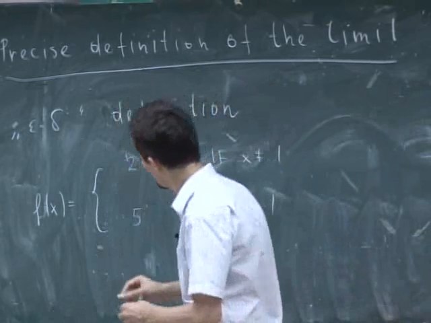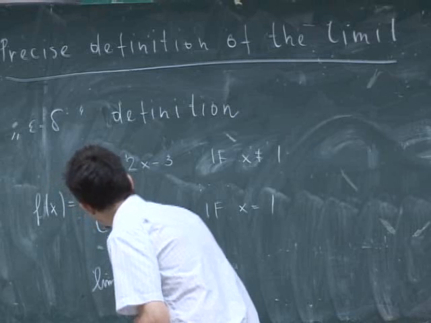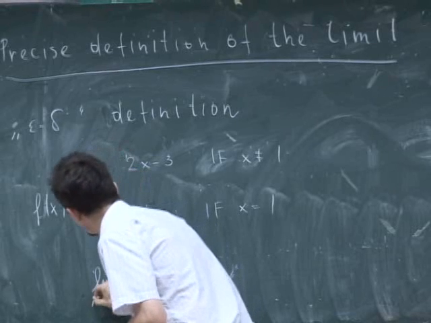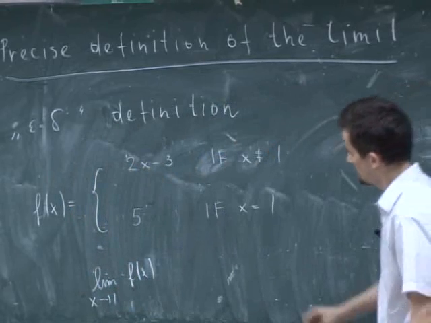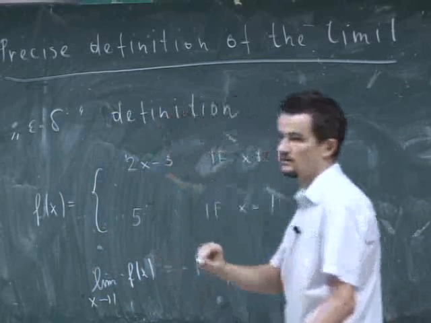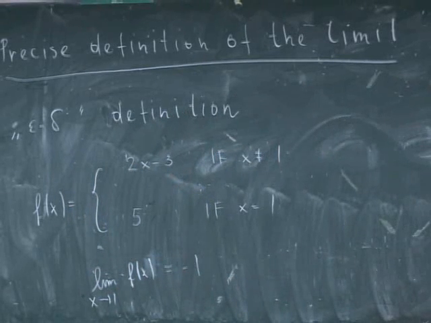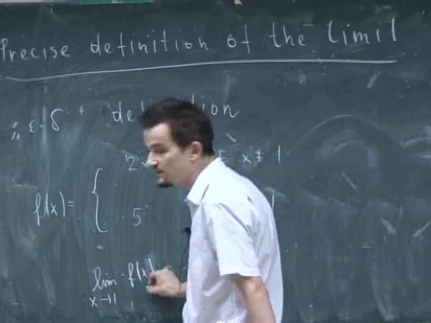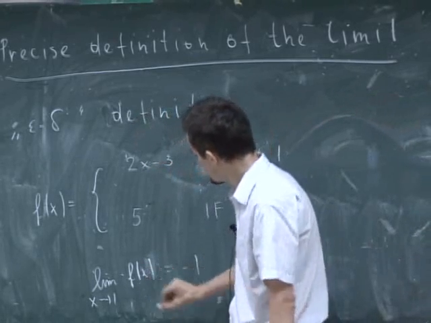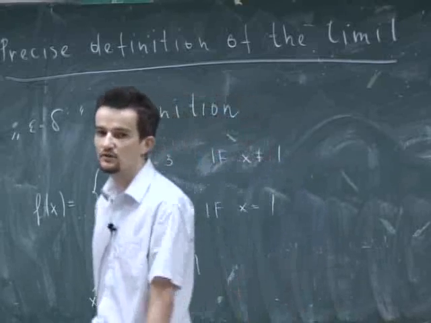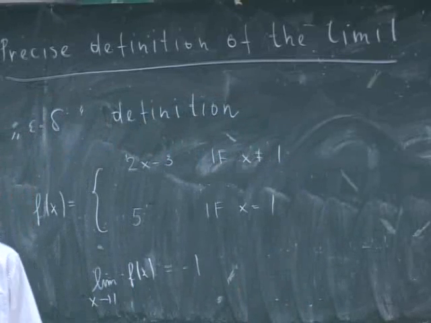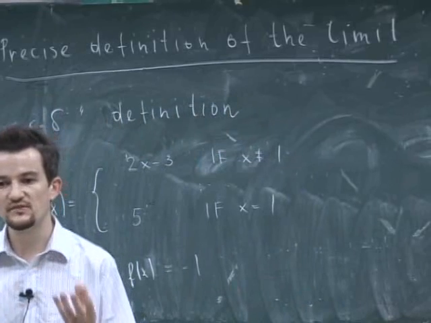We know already that the limit of f of x as x approaches 1 is equal to minus 1. Now, this means that f of x is getting closer and closer to minus 1 as x is getting closer and closer to 1. But this statement we can make precise.